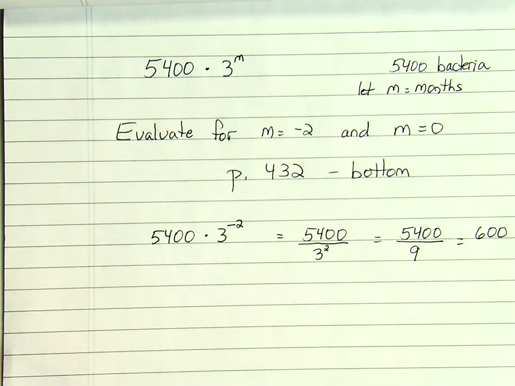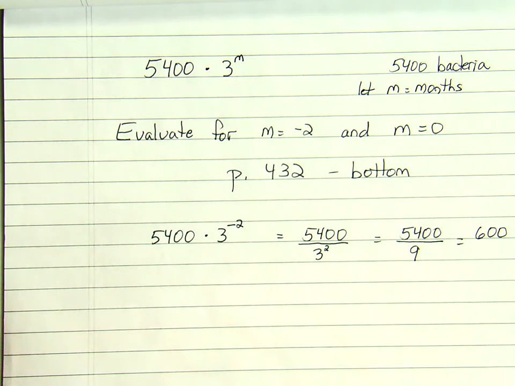So what do we mean by 600? What we're saying is that the population is 600 two months before the population is 5,400, because we've got that -2. So it was 600 two months ago.